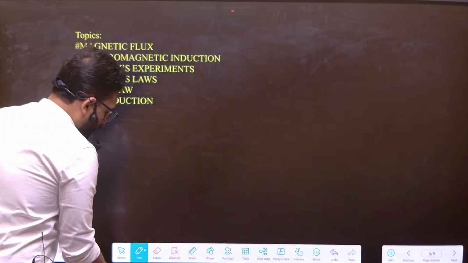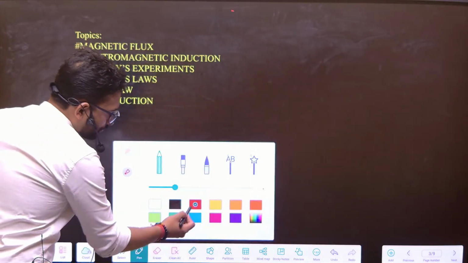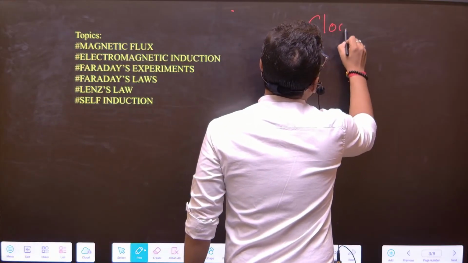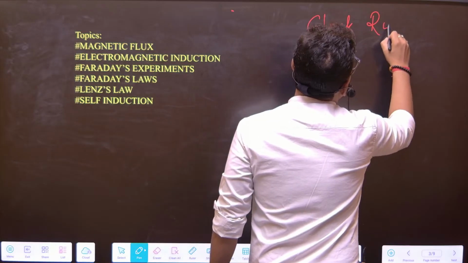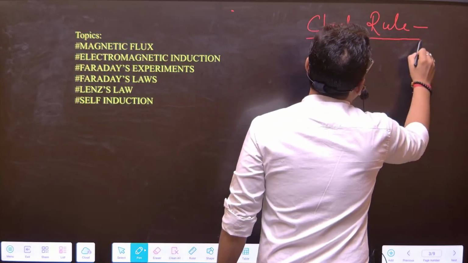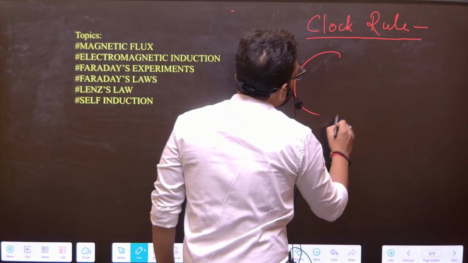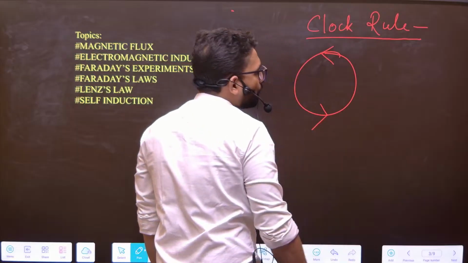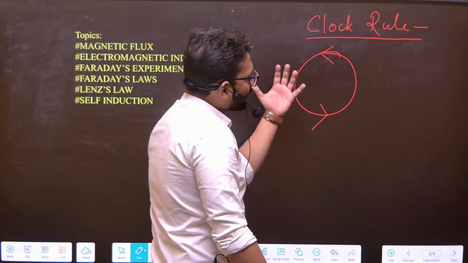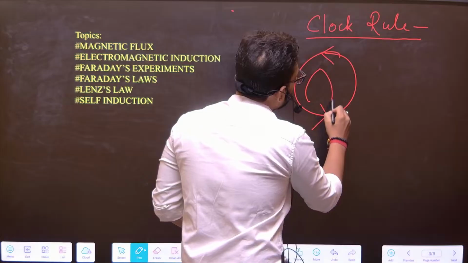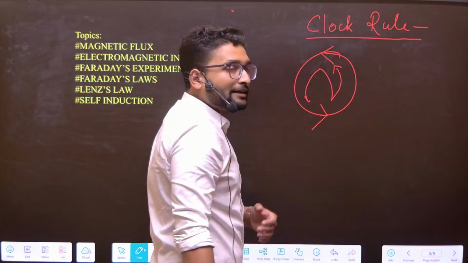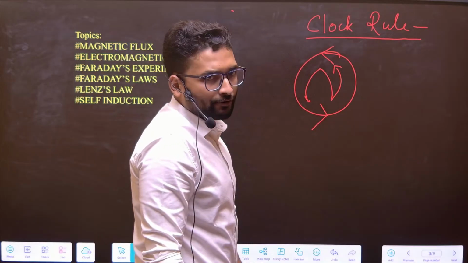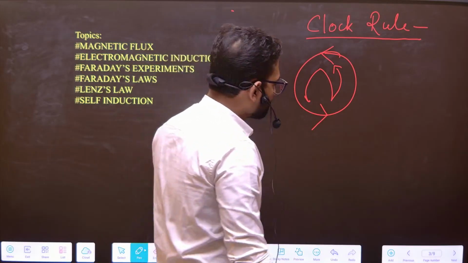To understand Lenz's law, first we need to know about a rule called the clock rule. What does the clock rule say? If you have a circular coil in which current is flowing in the anti-clockwise direction, then this particular face will become the north pole. It will acquire north polarity, and the other side will acquire south polarity.